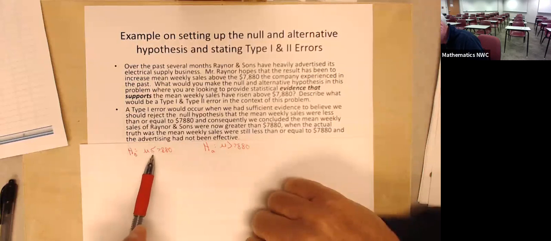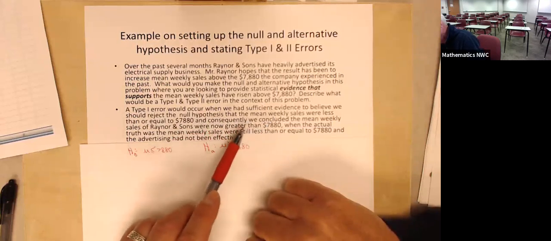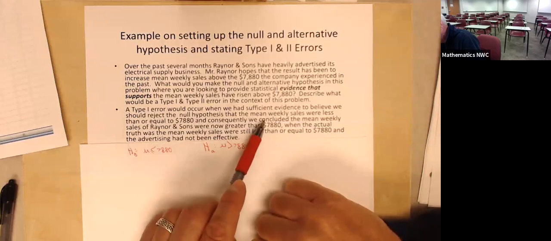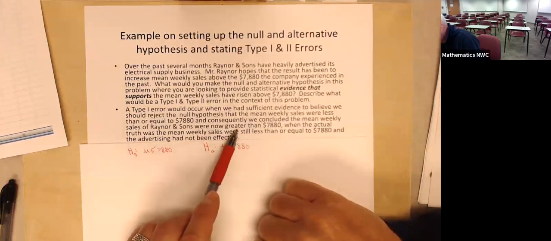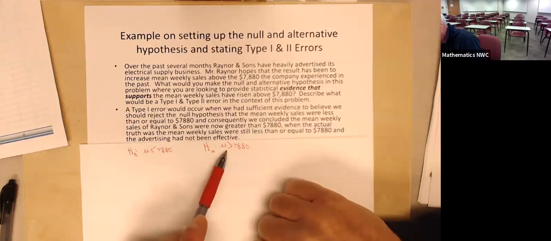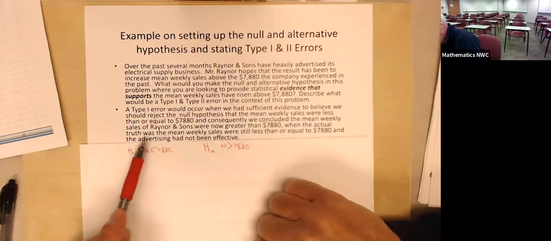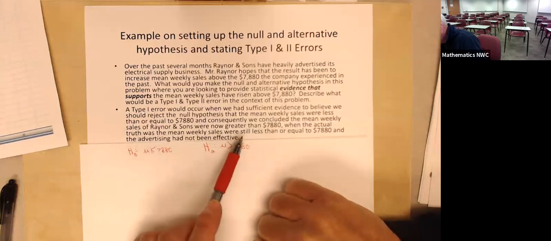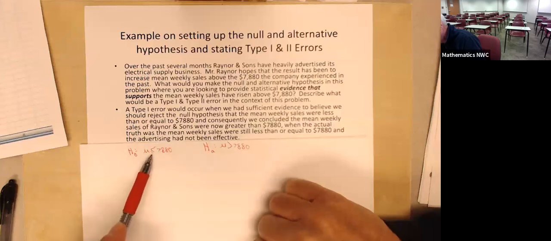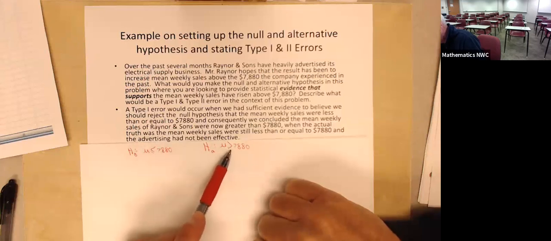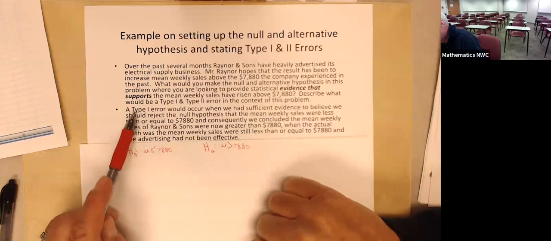So I rejected the null, and I consequently concluded that it was greater. So I concluded the alternative, when the actual truth was, it was still less than 7880. So the truth was this one, but I had enough evidence to reject that one and conclude that one. That was a type 1 error.